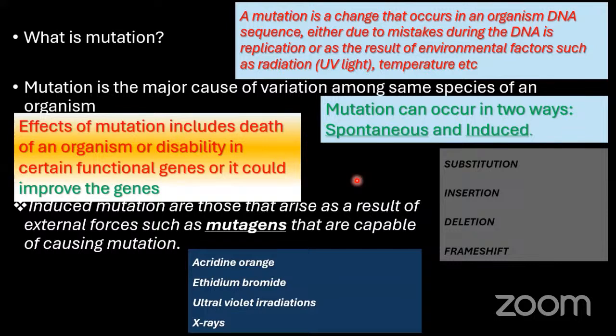So also the ultraviolet radiation, so also the ethidium bromide, so also the acridine orange. Whatever can affect bacterial DNA can also affect human DNA, because DNA is the same. DNA of bacteria and DNA of human are both made up of the same substances that make them what they are. The only difference is in number and size of the DNA.